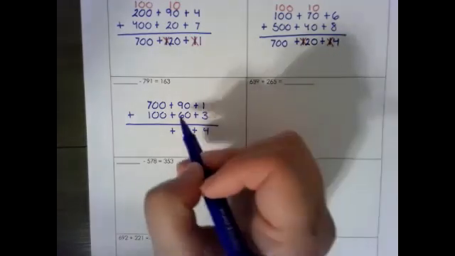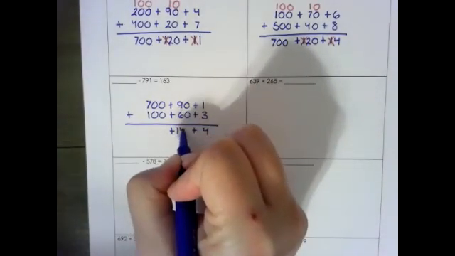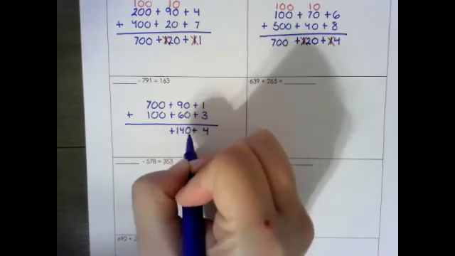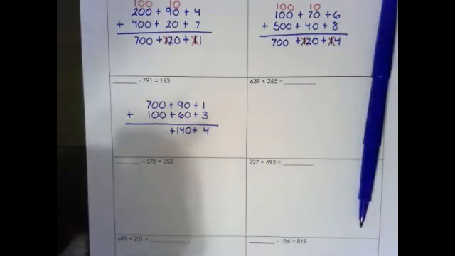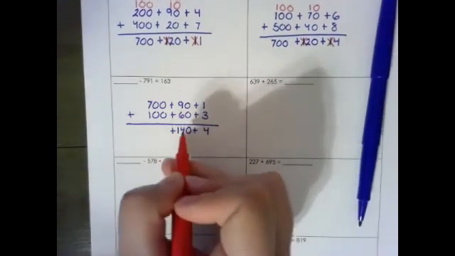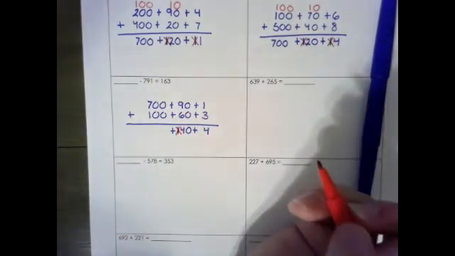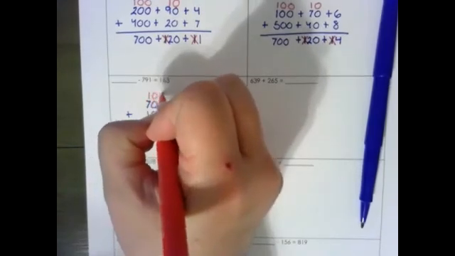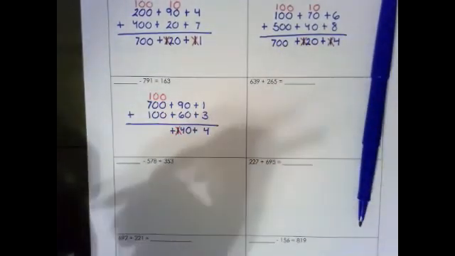Well, I know that 9 plus 6 is 14. 14 tens is 140. Whenever I see more than 10 tens and it equals 100, I need to regroup. Let's regroup 100. Leave 40, and now let's add our hundreds.